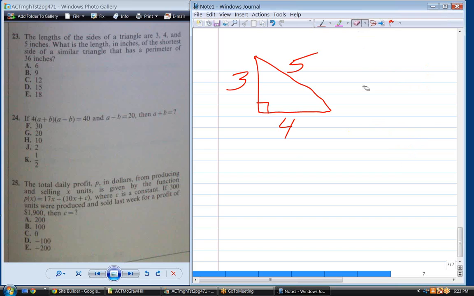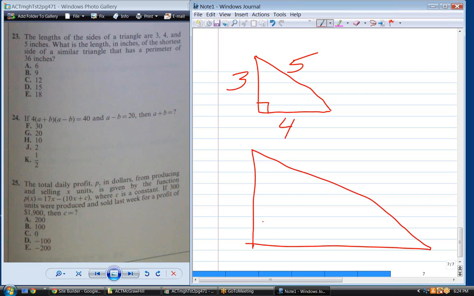However, in this case, we don't care about the 5, 12, 13. They're saying that a similar triangle, that is, that has the same 3 angles, whatever this angle is here, that angle's there. Whatever this angle is here, that angle's there. Similar triangles have the same 3 angles. And similar triangles are completely proportional.